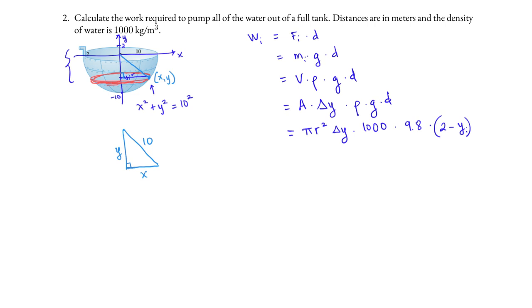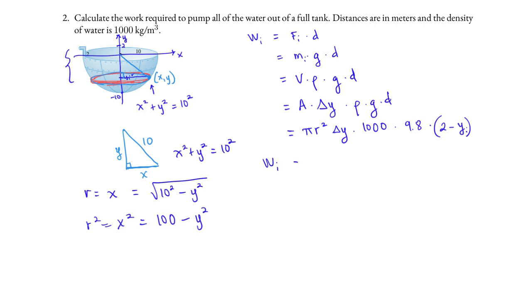The horizontal distance x is the radius of the slice, and so the radius is x. But x squared plus y squared is 10 squared, and so x is the square root of 10 squared minus y squared. But we need an expression for r squared, not r. Thus, r squared is x squared, which is 10 squared, which is 100 minus y squared.